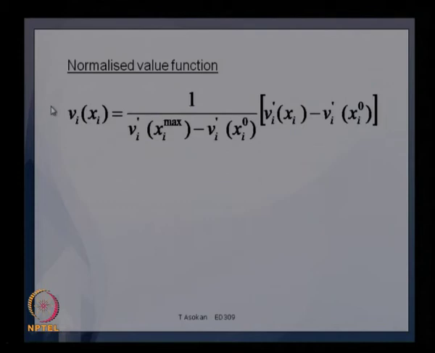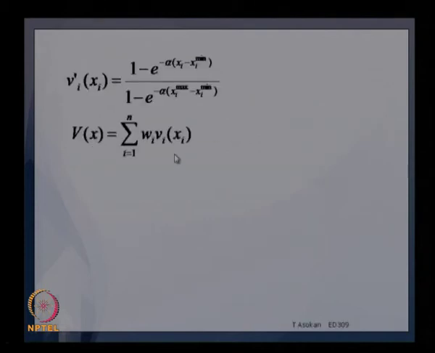So, this normalized function will be used for getting the total value function, that is vi xi. So, if you have many value functions, n value functions, we will take the total value function as Vx is equal to sigma i equals 1 to n Wi Vi xi. So, the Vi xi is the value function, Wi is the weight of the value function.